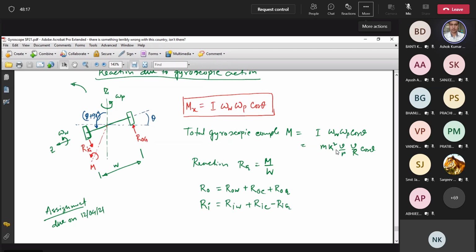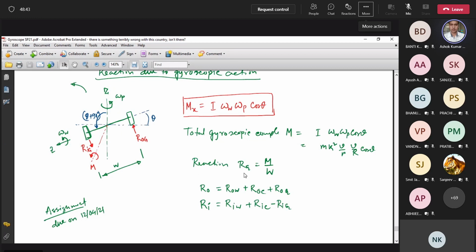So mk square is the moment of inertia of this system, and as we have discussed, v by small r gives you the rotational velocity of this wheel and axle. V by capital R gives you the precessional angular velocity, multiplied with cos theta, which is 10 degrees, you know. So all these values are given. That means this M is known to us.